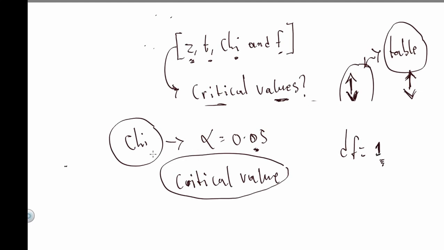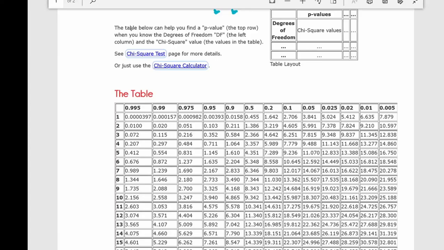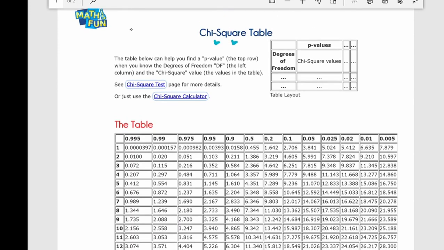So now let's go to the chi-square distribution table, not the F. Please note this, not the F distribution. The table will be in the description below, so make sure you check it out. So let's continue. This is my own chi-square distribution table. This time we're looking for the degree of freedom of 1 and alpha value of 0.05.